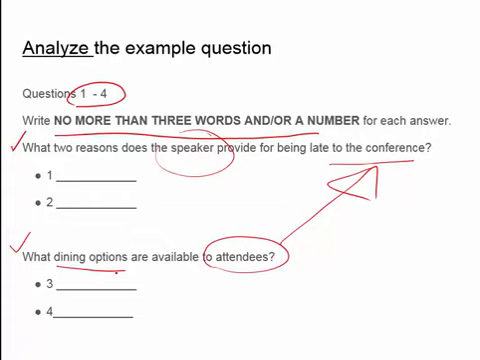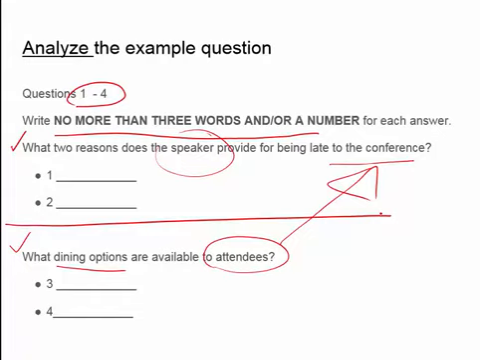All right, we don't know exactly that this is true, but this information helps us a lot because as we listen to the passage, we know there may be 2 basic parts to it. 1 about this discussion about lateness and 2 about dining options. And we know that since answers come in order, we can expect to look for that information at the beginning and end of the passage.